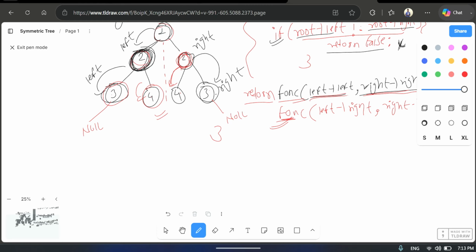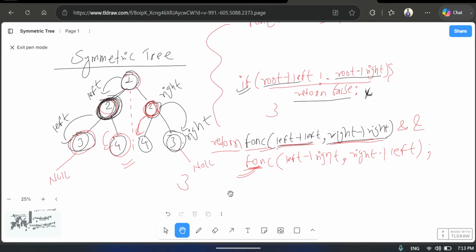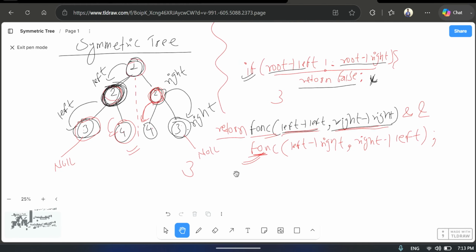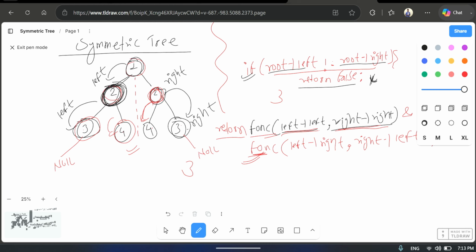Now when you call a function with null and null value, you haven't checked anything for that. So my argument to you is that if you have null and null here, does that mean it is symmetric or no? Yes, because both of the values are same. It is just like checking these 3 and 3 are equal or not. Yes, it is. That's why these null and null values are equal too.